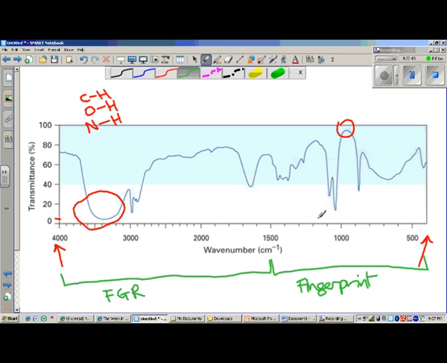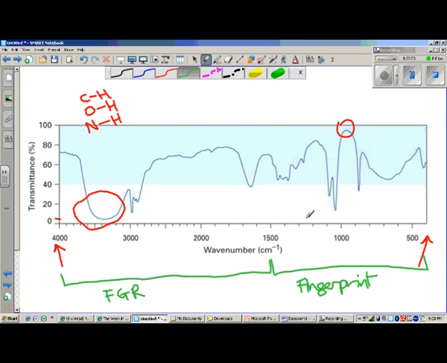Anyway, one of the things that we said before was that infrared is very useful for telling you something about functional groups in a molecule. The actual structure, the actual framework of the molecule, the actual carbon skeleton, this is not very useful for. Like I said, unless you spent your whole career studying these, and well, that's rather sad.